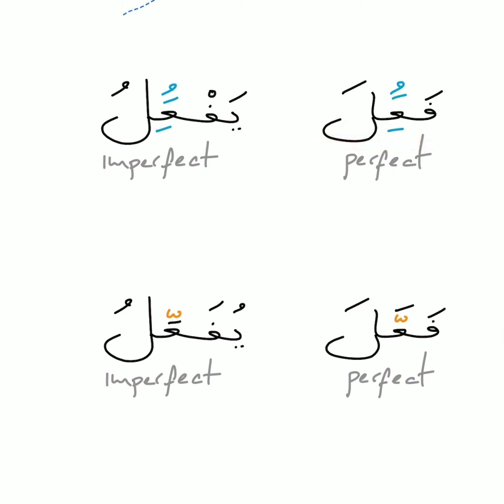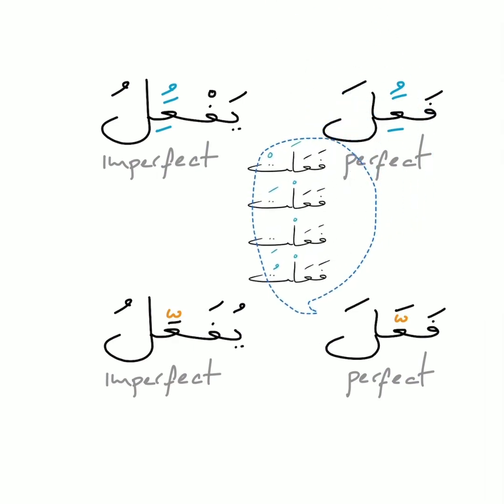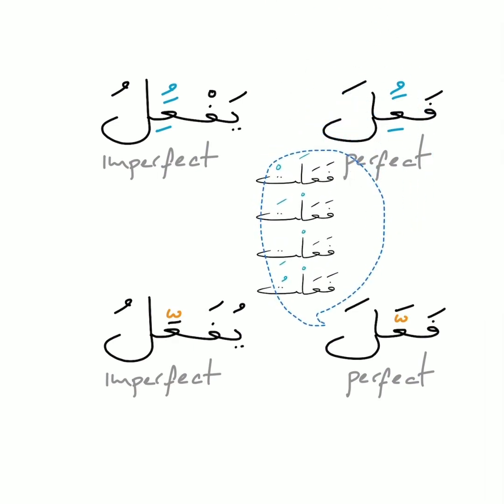Whereas if I open up this last letter and I add the tas at the end, I can now say she did, you did, one is male, one is female, and I did, yeah? So you can do the same thing with the perfect tense. But remember the scale too, it needs the shadda. So instead of saying fa'alat, we're now going to say fa''alat, to mean she did on this second scale, yeah?